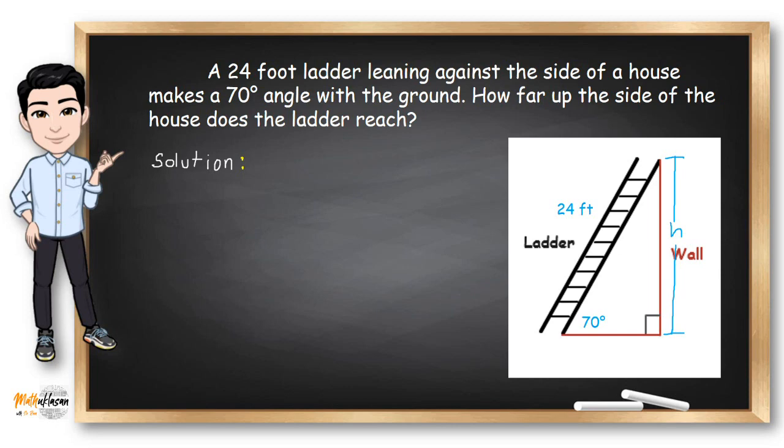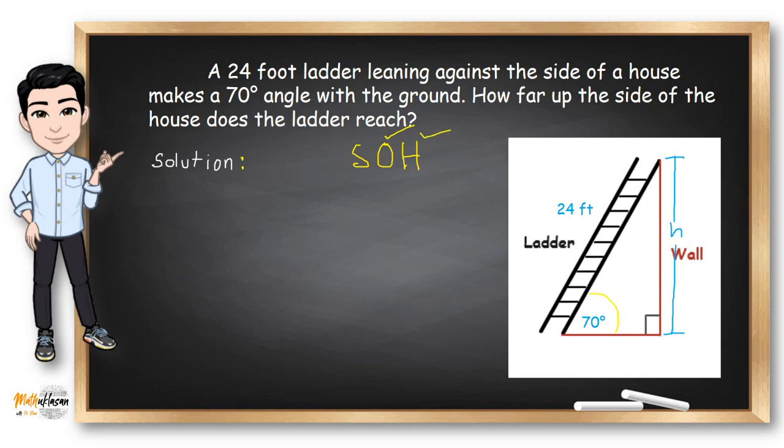So, alin kaya dito ang pwede natin gamitin if this is the reference angle, 70 degrees, and the opposite is missing and the hypotenuse is given. So, reference angle 70, ang h ay opposite, at ang given ay hypotenuse. Opposite, hypotenuse. So, ibig sabihin, ang gagamitin natin sa SOHCAHTOA ay yung SO. Bakit? Kasi meron tayong hinahanap na opposite at meron tayong given na hypotenuse.